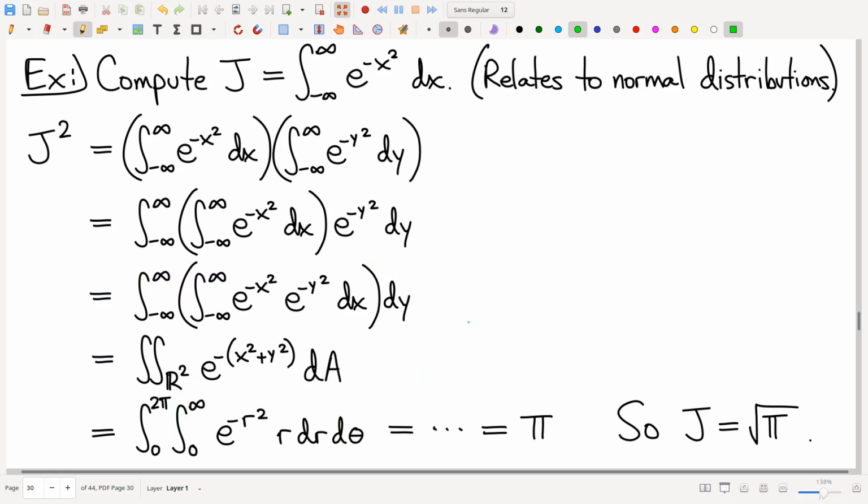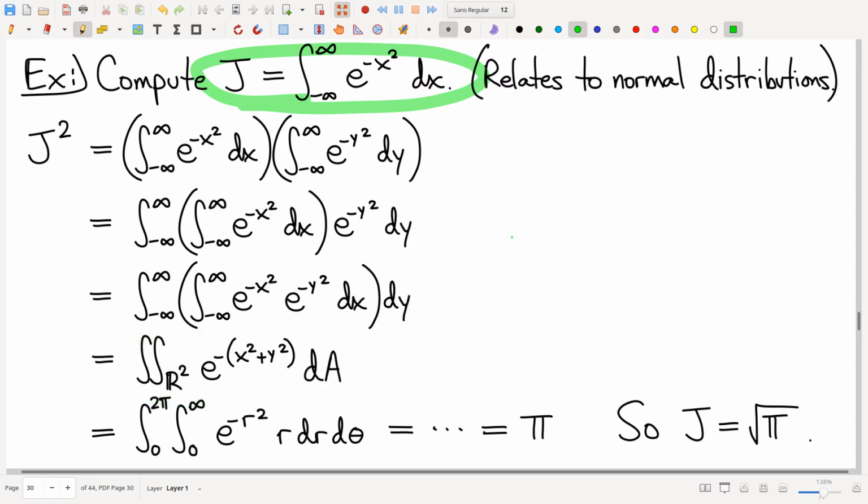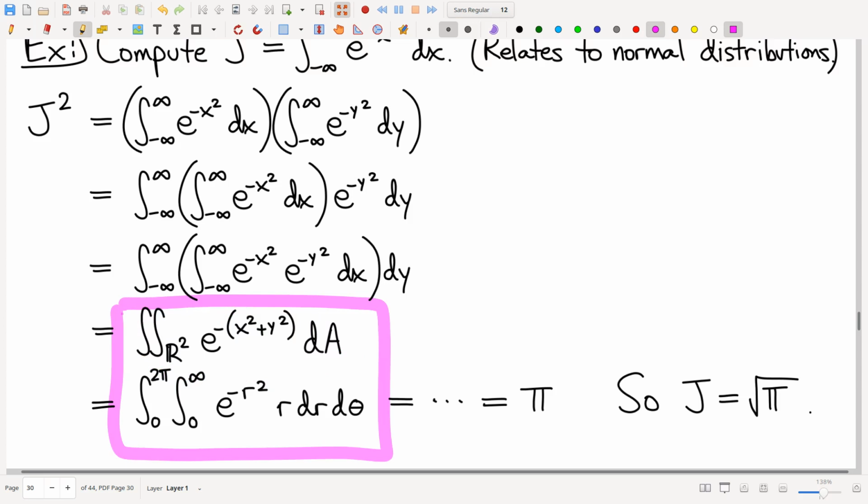Case could be made that what I've done is I've taken what looks like a hard problem and turned that into what looks like an even harder problem. And sometimes that's actually a really useful method in math, as it turns out. In this case, harder though this looks, being a double integral, we have another option on the table for how to compute it. I can compute it in polar coordinates, thus bringing it up at this point in the course. Okay, so what if I compute this in polar coordinates?